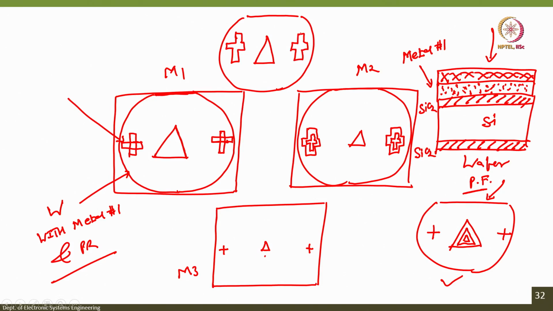Correct, and the alignment mark of mask 2 is smaller than the alignment mark of mask 1, if you have noticed, and the alignment mark of mask 3 will be smaller than that of mask 2. Okay.